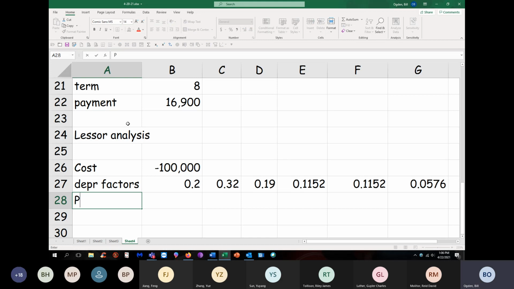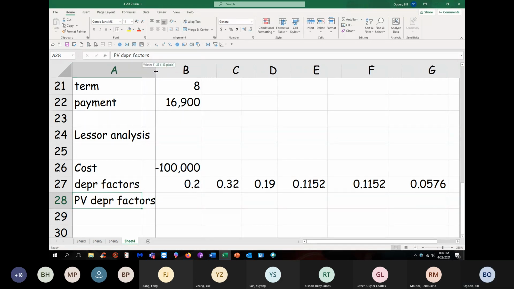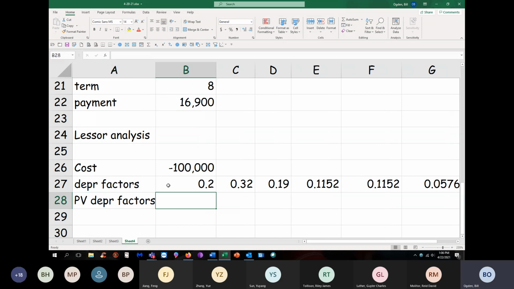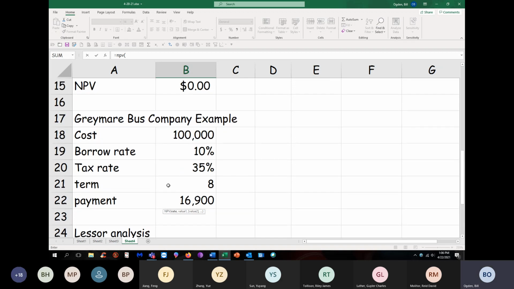Well, let's take the present value of these factors. Okay, so equals NPV. And our rate, let's stay with the program, is the borrowing rate on an after-tax basis.